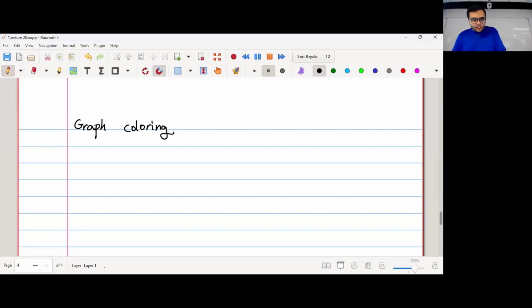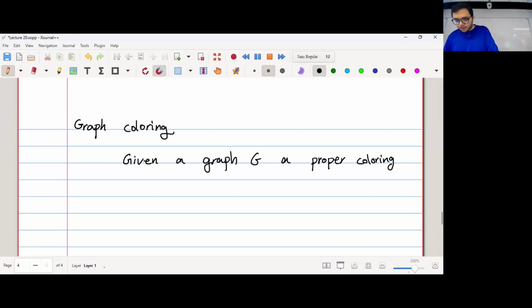So given a graph G, and this graph can be directed or undirected, you'll see that it doesn't really matter for our definition, a proper coloring with K colors is just a map or a function, let's call it C, that maps every vertex of my graph to a color.